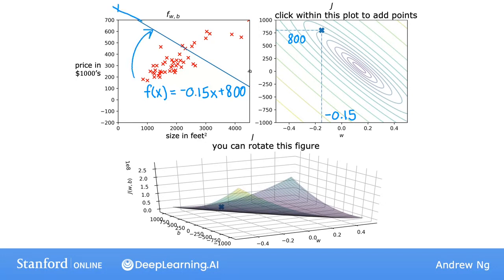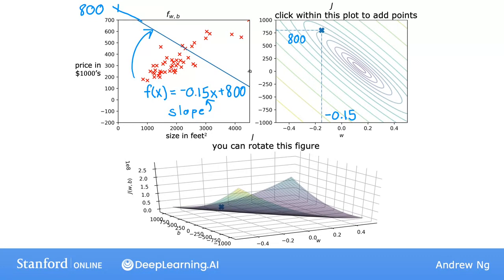This line intersects the vertical axis at 800 because b equals 800, and the slope of the line is negative 0.15 because w equals negative 0.15. Now, if you look at the data points in the training set, you may notice that this line is not a good fit to the data.